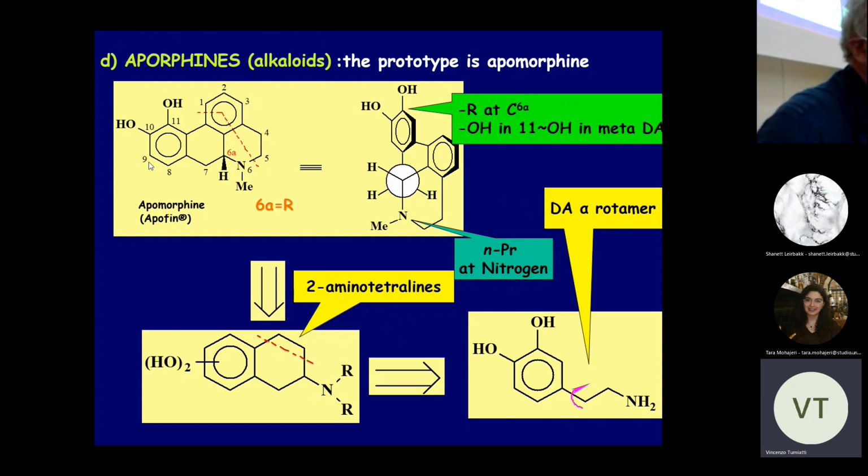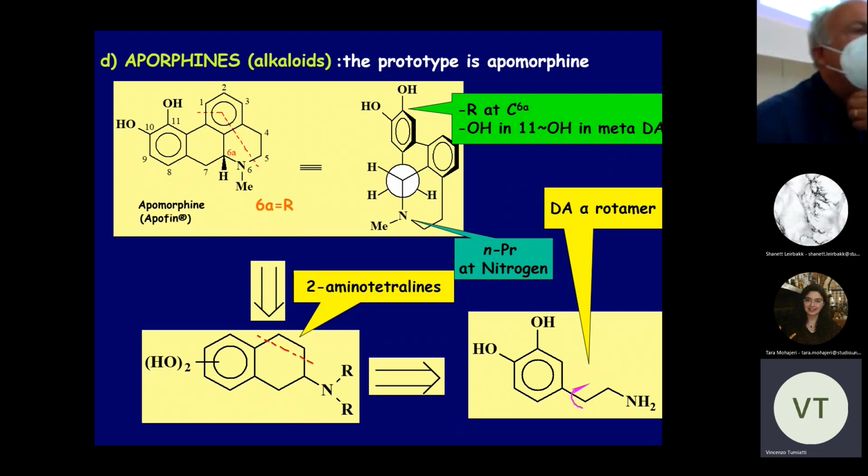This skeleton, this backbone, is common to different natural products, but it is also possible to have this type of system by acidic treatment of morphine. We'll see in the next lesson the chemical structure of morphine is formed by 5 condensed rings.